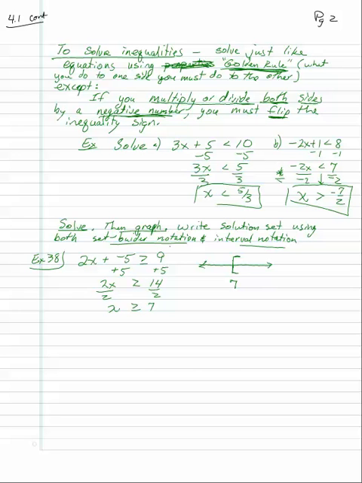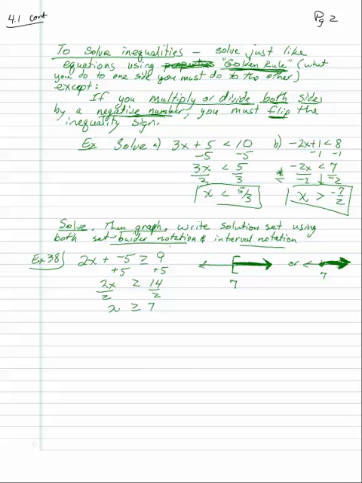Personally, I like to put a solid dot, but I'll go ahead and do it the way the book's presenting it. Again, this is acceptable. You can put a solid dot and then shade to the right. And then just shade in the arrowhead to say you're going to infinity.